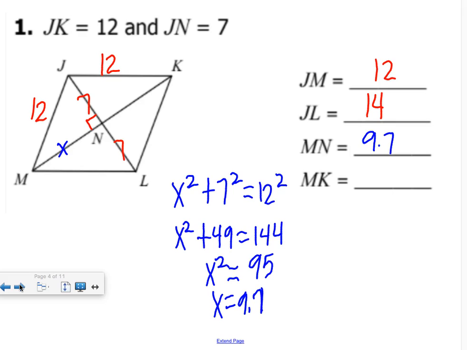Then what would MK be? 19.4. 9.7 times 2. Good work. Okay, try the next one on your own. Same idea, or start it at least. See how far you get before you get stuck.